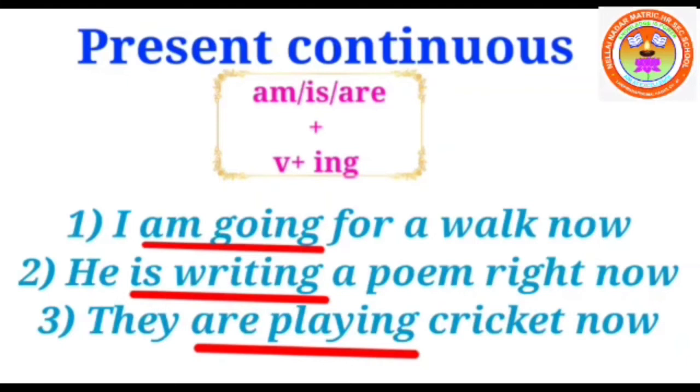So present continuous. They are playing cricket now. Are playing is the verb, but here are is a present be form verb that denotes present and the ing verb form continuous. As we know that ing is a continuous form, so present continuous.